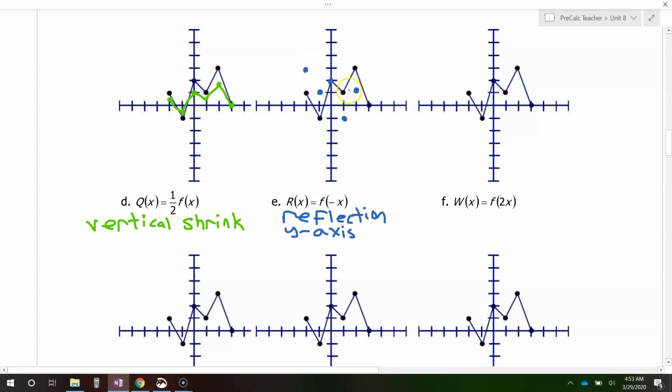Okay, and finally, this point is on the line. It's 3 to the right, so I'm going to go 3 to the left. All right, so I'm going to do my best to connect these dots, and it looks like it's going like this.